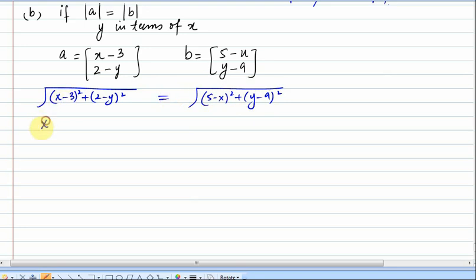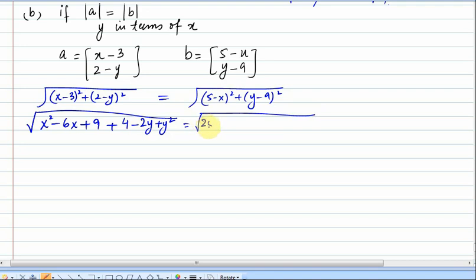It says x minus 3 whole square, which is x square minus 6x plus 9, plus 2 minus y whole square, which is 4 minus 2y plus y square, is equal to 5 minus x whole square, which is 25 minus 10x plus x square. I am just applying the identities of a minus b whole square. Then y minus 9 whole square, y square minus 18y plus 81.